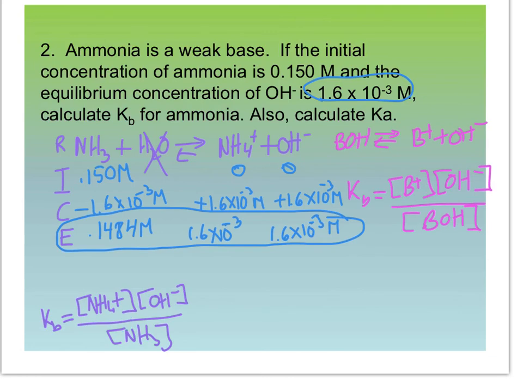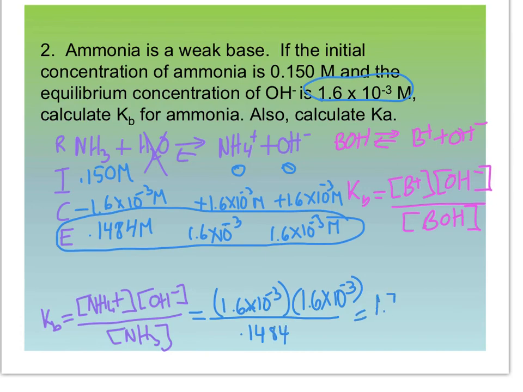So my values would be 1.6 times 10 to the negative third times 1.6 times 10 to the negative third divided by 0.1484. And you get 1.7 times 10 to the negative fifth is your answer. That is your Kb for ammonia.